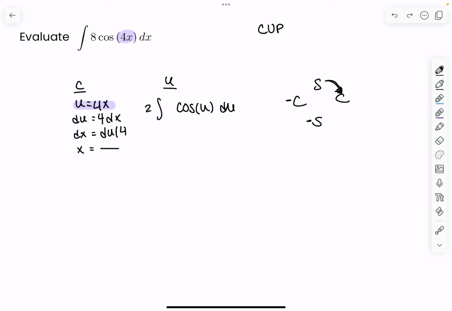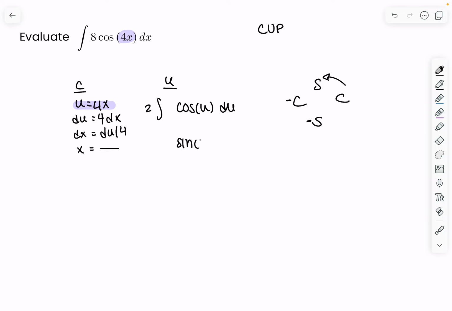I use word connotations, like right is good and up is good, down and left are bad, so negatives there. So the derivative of cosine is negative sine. So the opposite way, if it's down for derivative, then the opposite way would be integration. So the integral of cosine is sine.